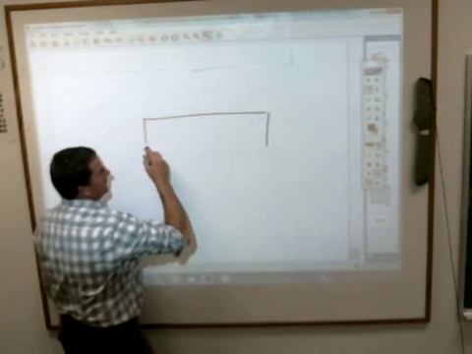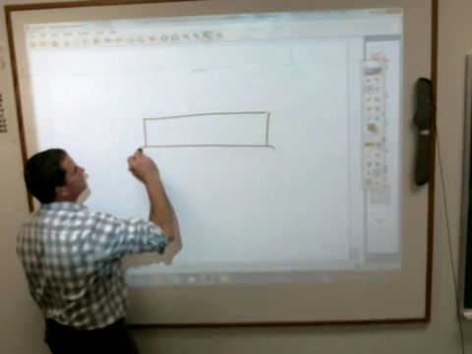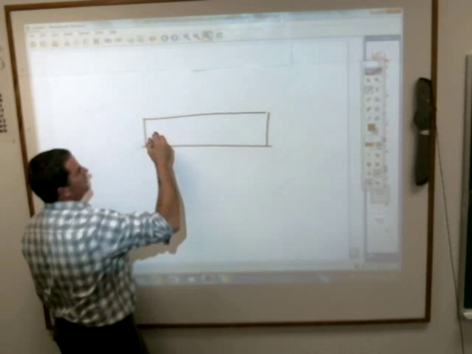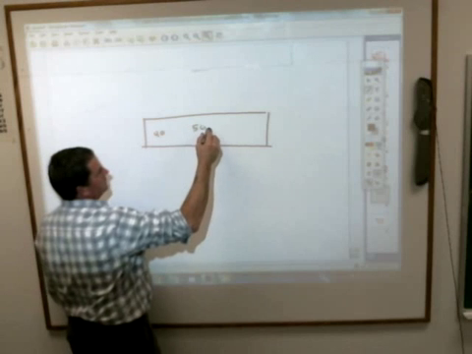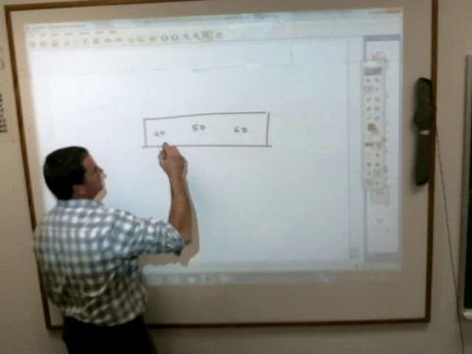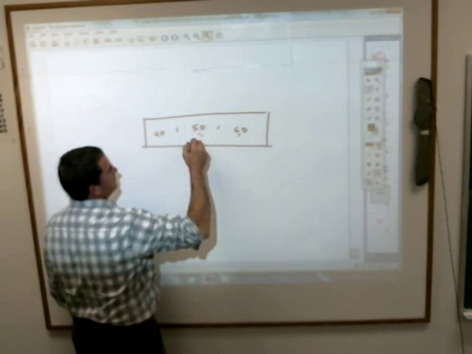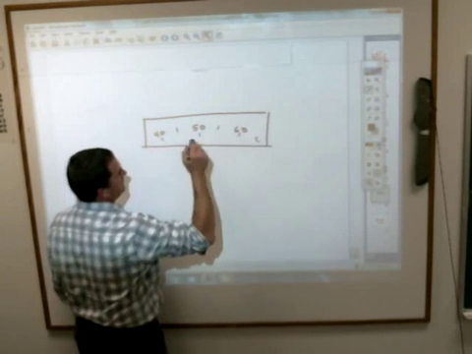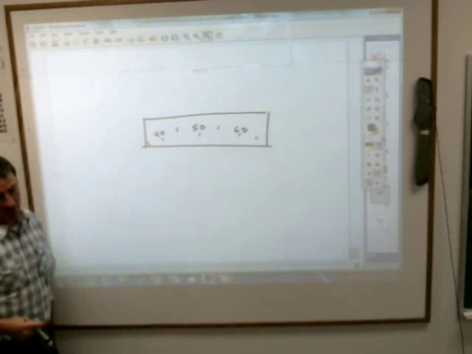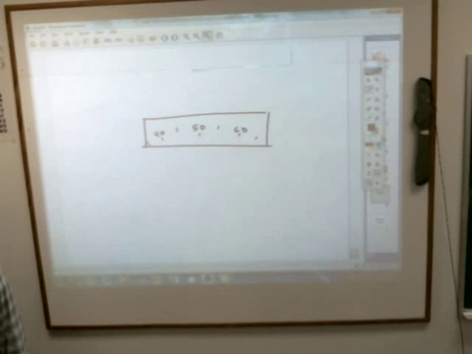Let's say this is your bathroom scale, and it's 40 pounds here, 50 pounds here, somebody weighs 60 pounds. I weigh 60 pounds. Maybe 60 kilograms.